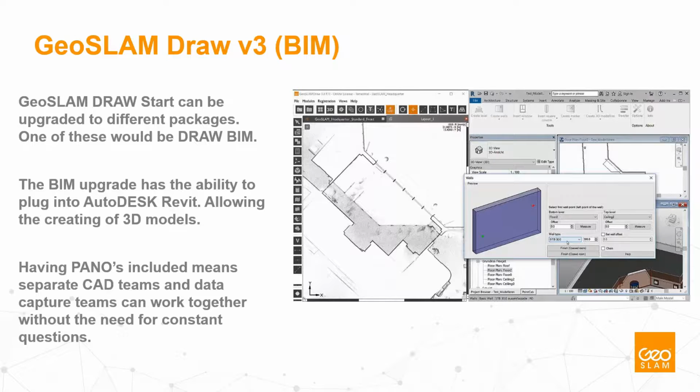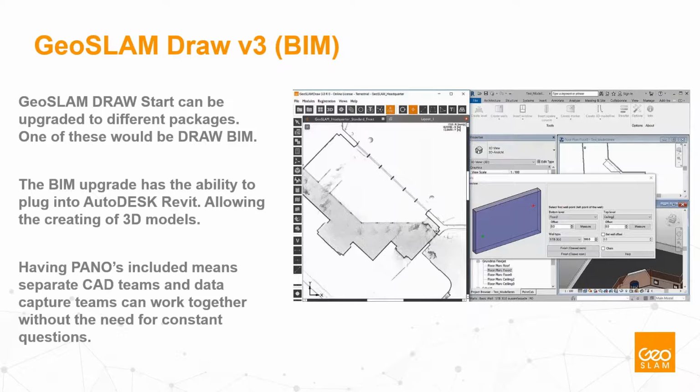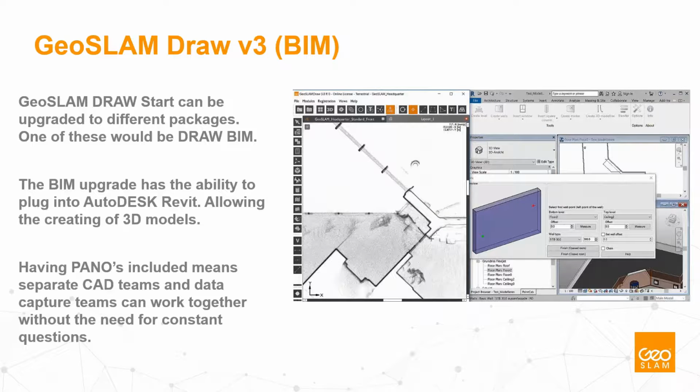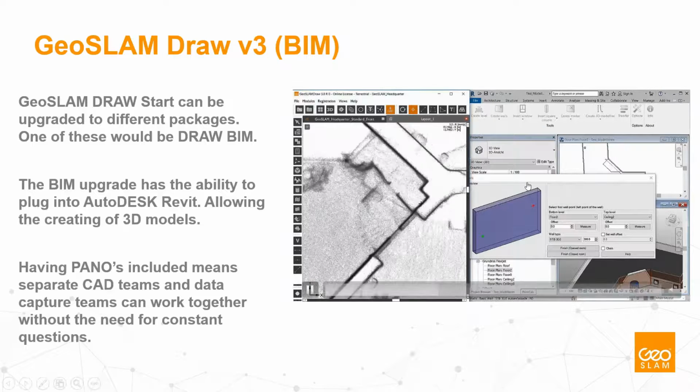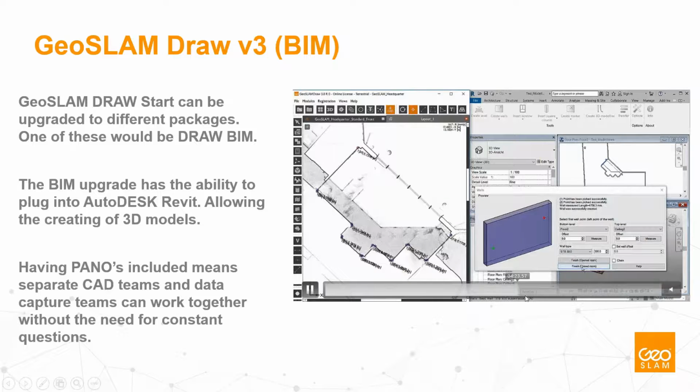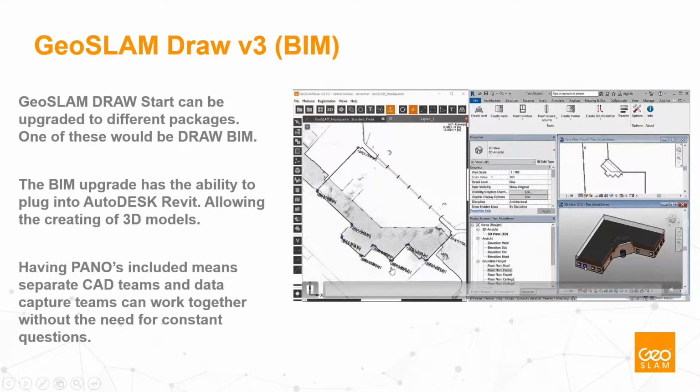For those of you that don't know, Autodesk Revit is a fairly industry standard piece of software for generating 3D models. GeoSLAM Draw BIM allows you to have a direct link between these two pieces of software. So you can select an element, such as a wall or a door, or maybe a banister. You can see here a few different walls have been selected.